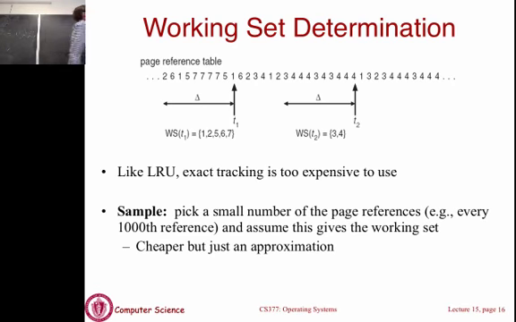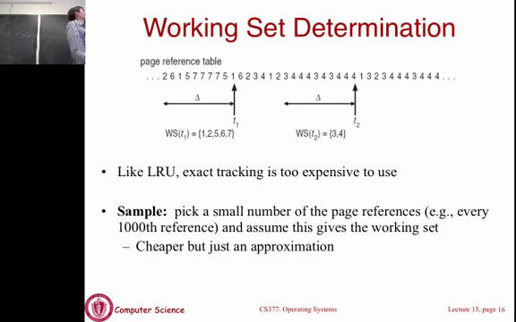So, again, the problem here is that we can't really do that exactly, because we're going to have to write to memory on each memory access in order to keep track of what the working set is. If we're going to maintain these potentially very large working sets, because the working set could be a lot of pages, with no guarantee on how small it might be, we would have to go into memory to do that.